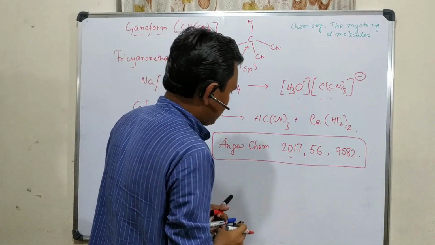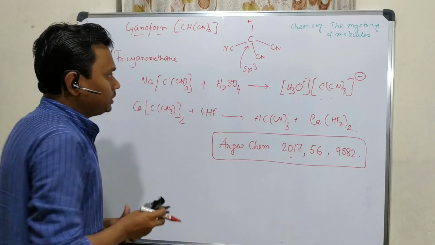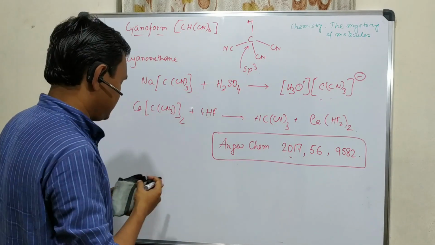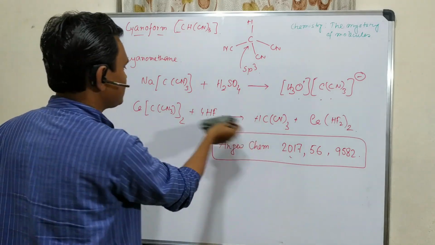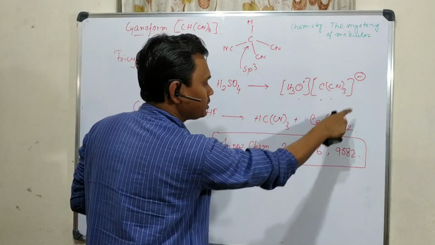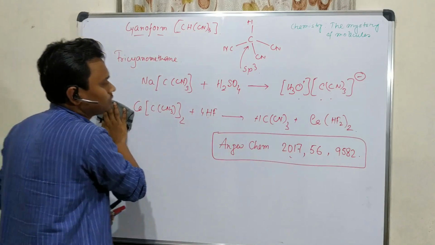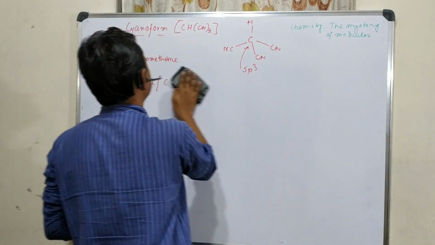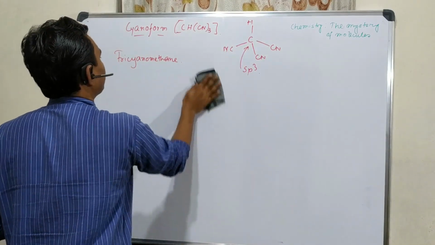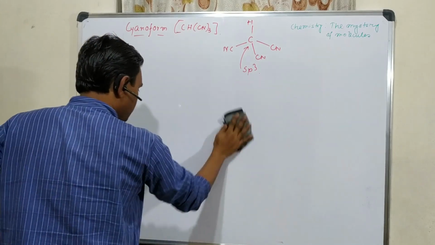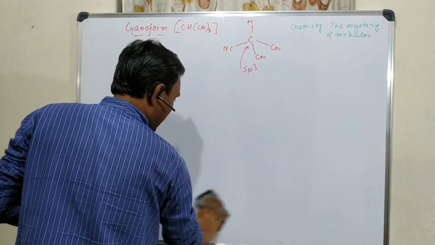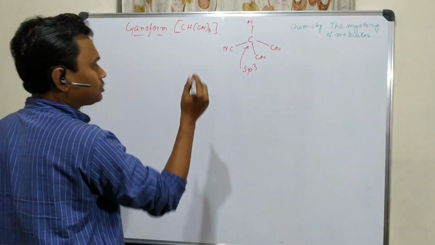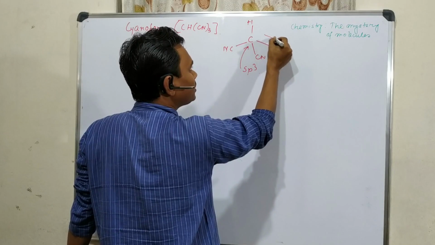So this is the synthesis part, and right now we will discuss the application of this molecule, that is acidity. I guess you have understood this is simply a proton exchange process, and it is formed because it precipitates out. Now let's discuss its application. From the structure you can see that one carbon is attached to 3 cyano groups, and the 3 cyano groups are electron withdrawing.